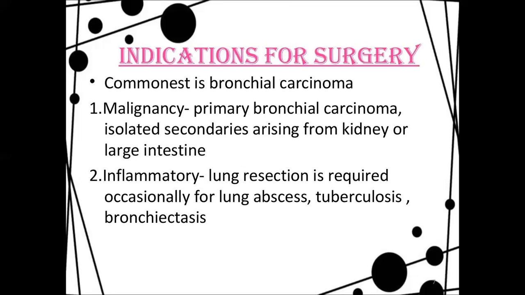Indications for surgery: the commonest is bronchial carcinoma, a malignancy; primary bronchial carcinoma; isolated secondaries arising from the kidney or large intestine. Inflammatory: lung resection is occasionally required for lung abscess, tuberculosis, bronchiectasis.